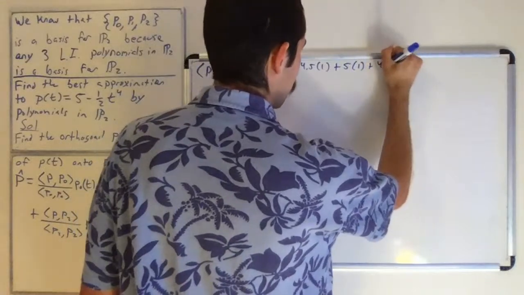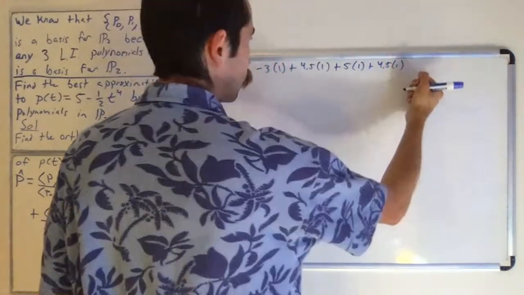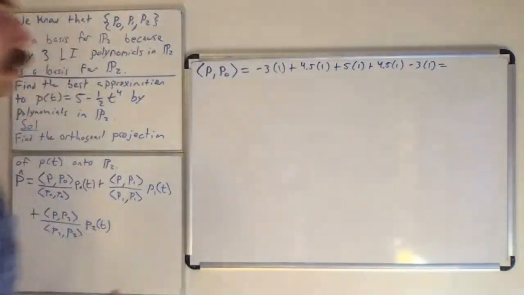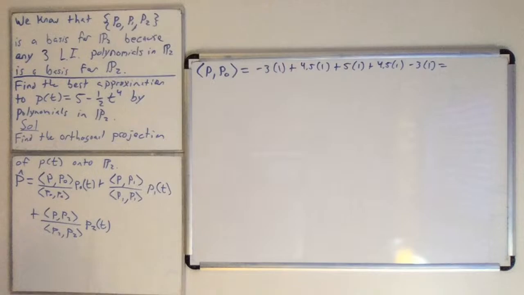We evaluate it at +1 and at +2, and add all of them up. And you get 14 minus 6 is 8.